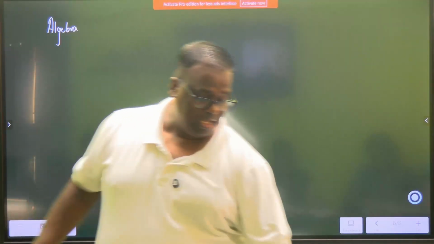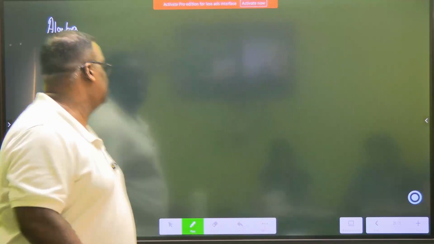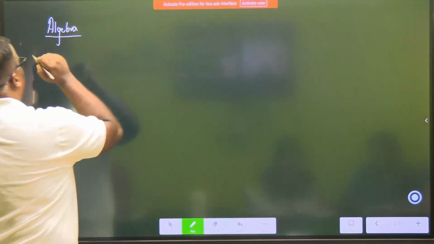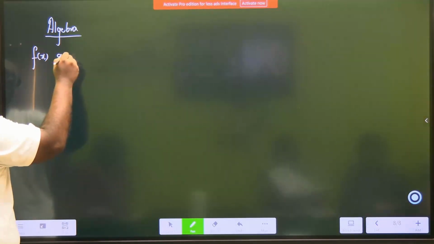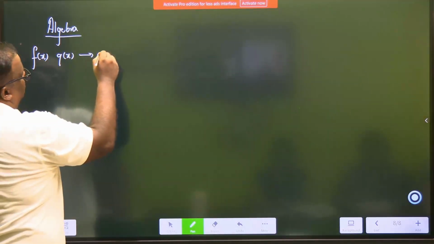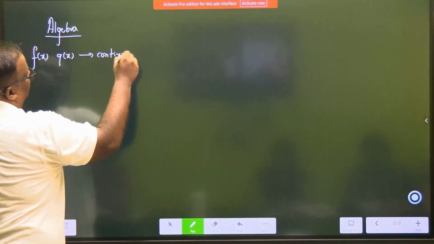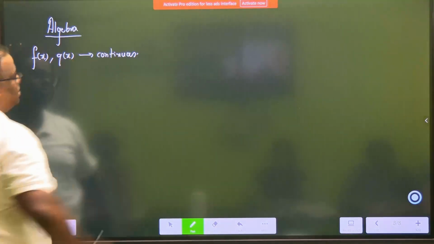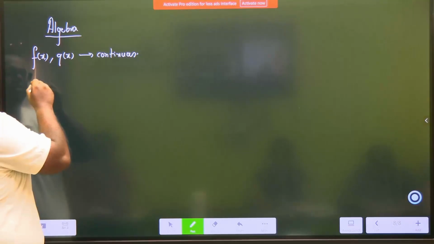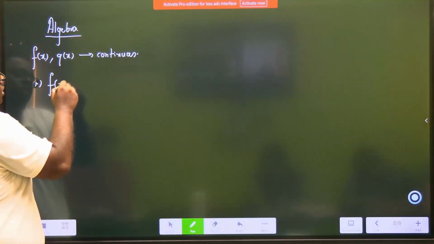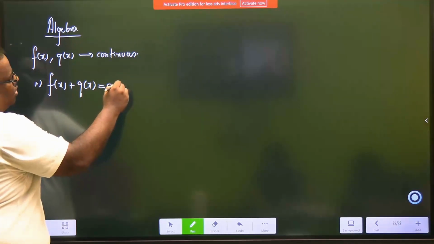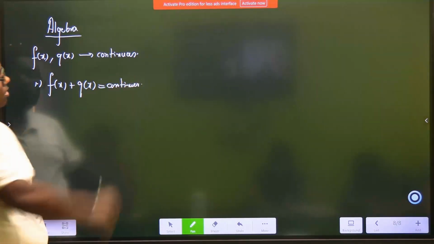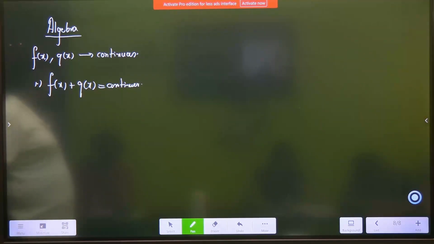So let's see the algebra of continuous functions. If f(x) and g(x) are both individually continuous, then number one, their sum will also give a continuous function. Is sin x a continuous function? Yes, it's a wave.